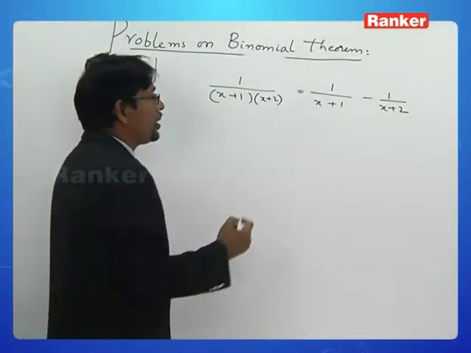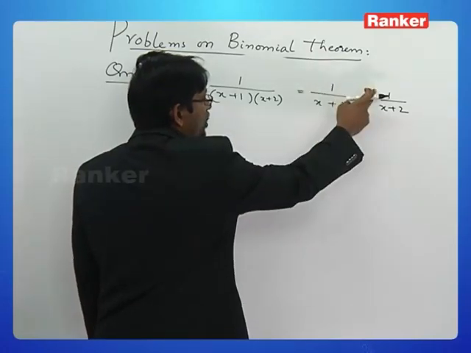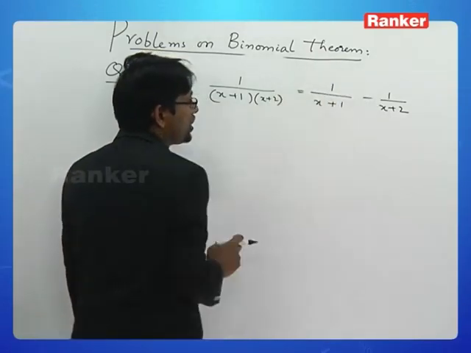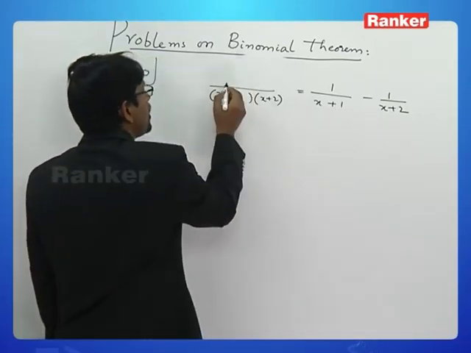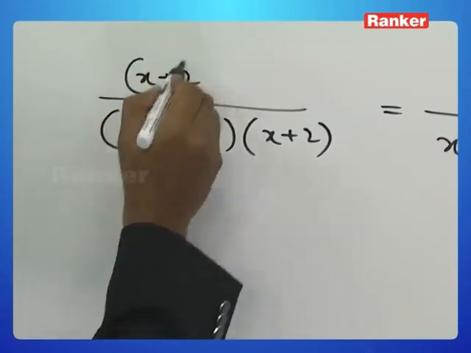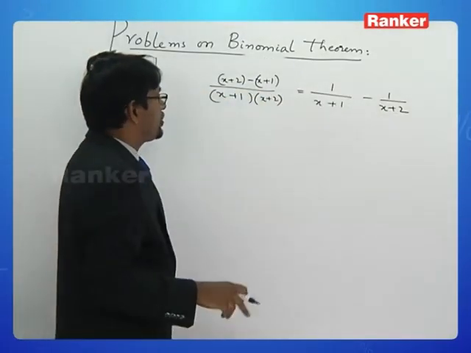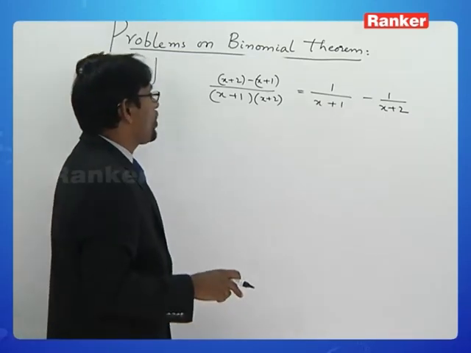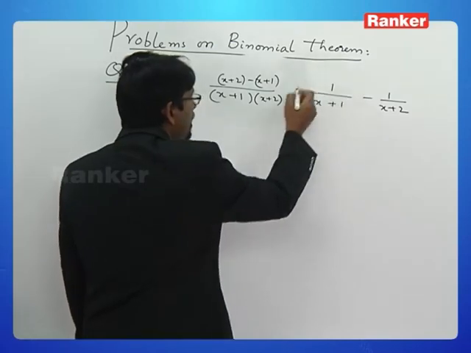Because you see that x plus 2 minus x plus 1 in the numerator will give me 1 there. So we are writing this 1 as x plus 2 minus of x plus 1 and now splitting the fraction into two fractions.